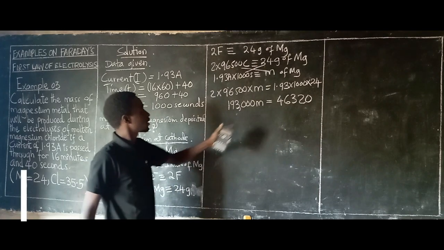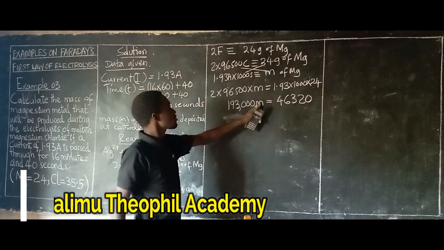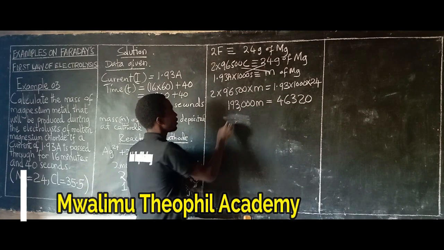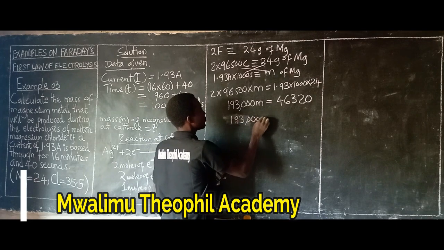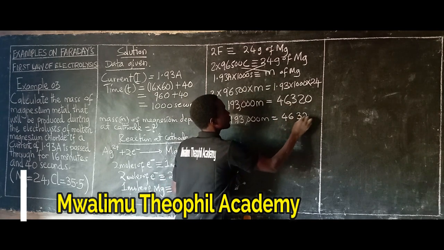So what next here is to get the value of M. To obtain the value of M, you are going to divide by 193,000 both sides. So here we have 193,000 M is equal to 46,320.